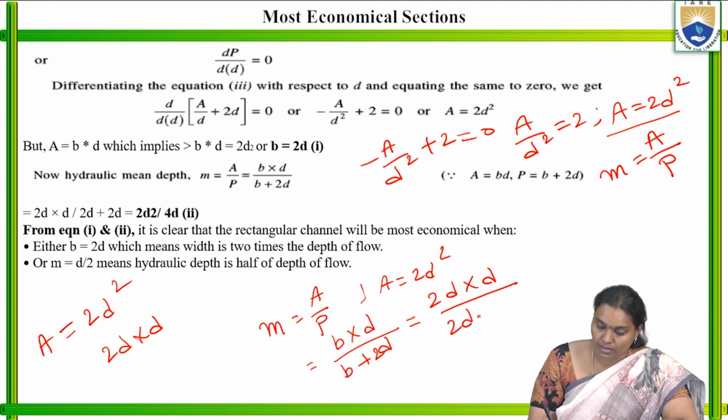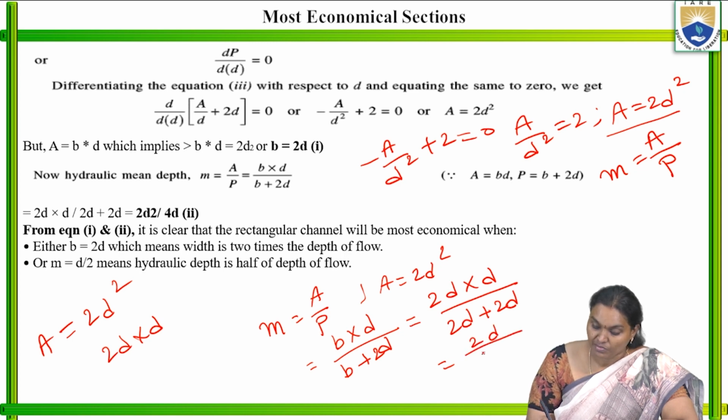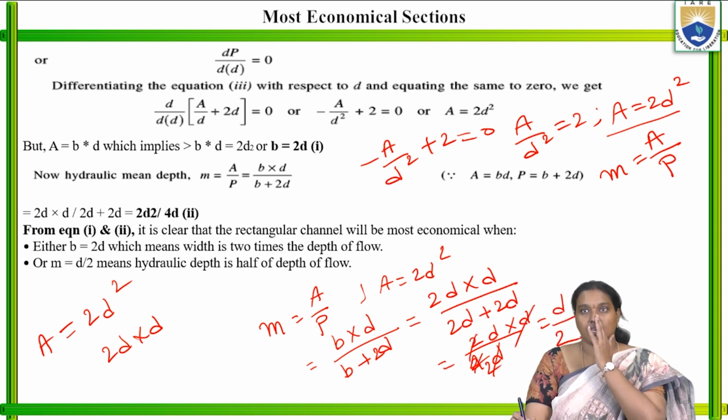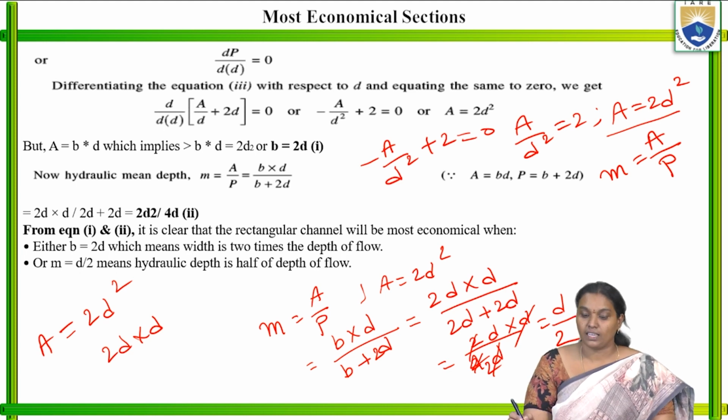So P is 2D plus 2D, that is equal to 4D. So M is equal to 2D square by 4D, that is equal to D by 2. M is equal to D by 2.